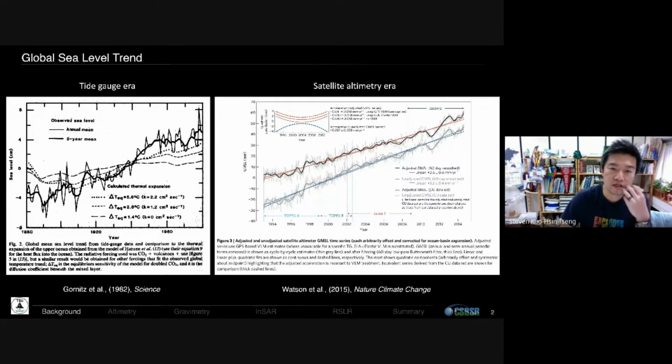So it's almost 10 times stronger than the rising rate of sea level. So how to mitigate or reduce the rate of land subsidence, to me, is more important or more urgent than how to stop the sea level rise.